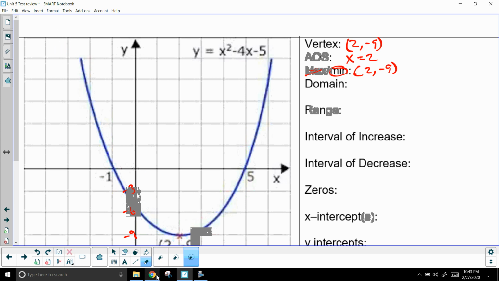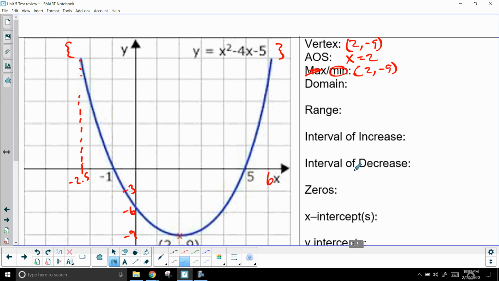We cannot just simply say all real numbers for this one. We're going to take an educated guess here. I'm going to argue this is like a -2.5 in my opinion. This one we'll give a 6. So inclusive -2.5 to the left and all the way to the right is going to be a 6 inclusive.